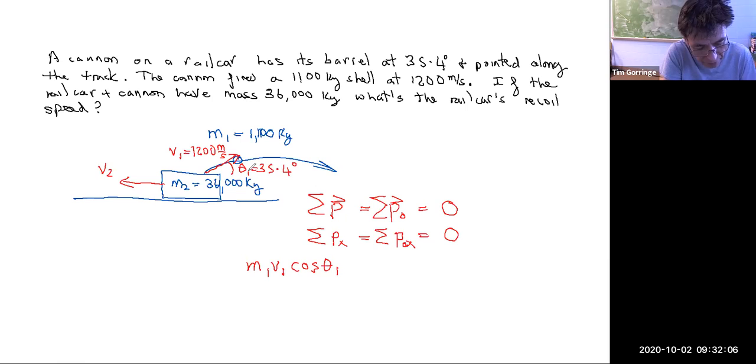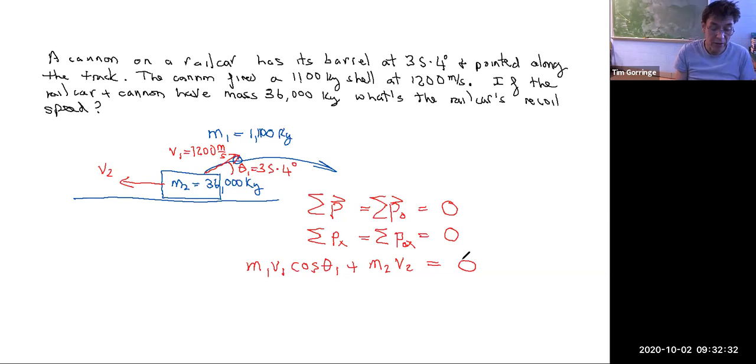So that's the momentum of the shell, and then the momentum of the recoiling rail car, well, it's simply recoiling along the track. So it is simply its mass times its velocity, m2 v2. And all these add up to the initial momentum, and that initial momentum, because both things were at rest, is 0.